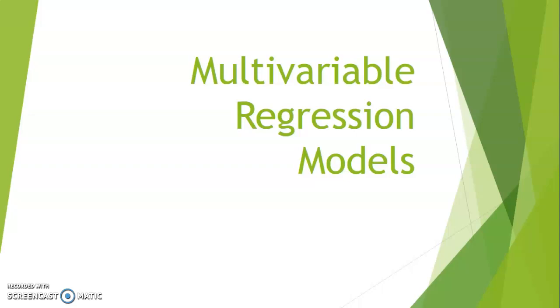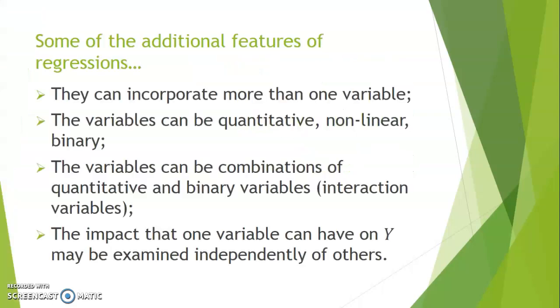Hi everyone. In this second section of regressions, we will be examining multivariable or multivariate regression models. Here are some additional features that can be incorporated to regressions. First of all, we can incorporate more than one variable as opposed to the simple model.